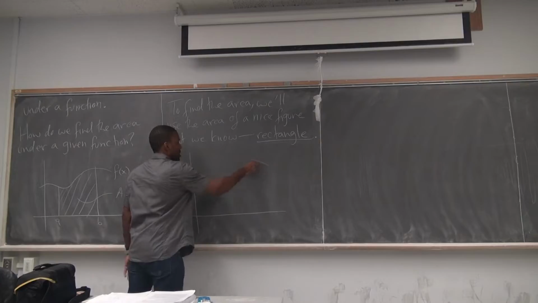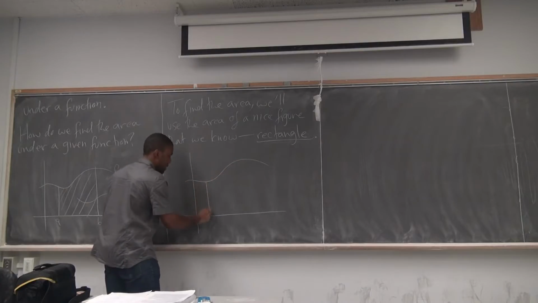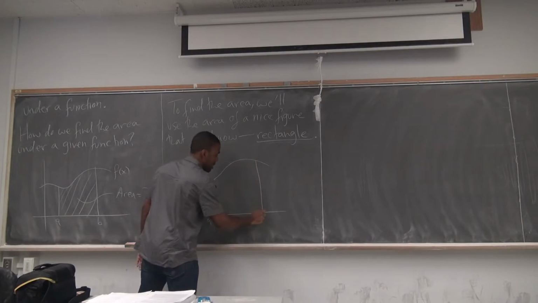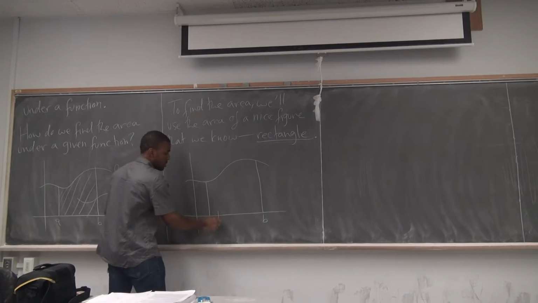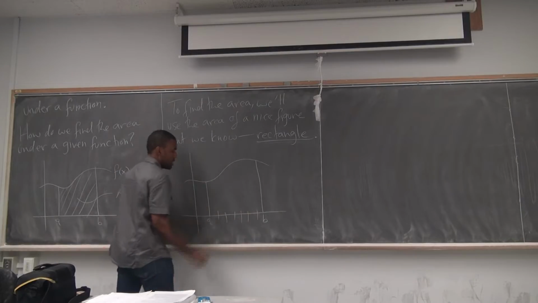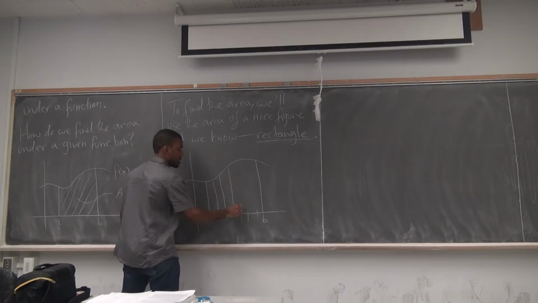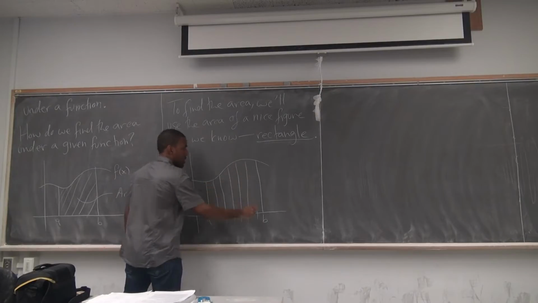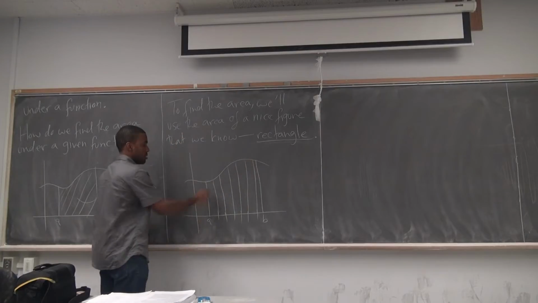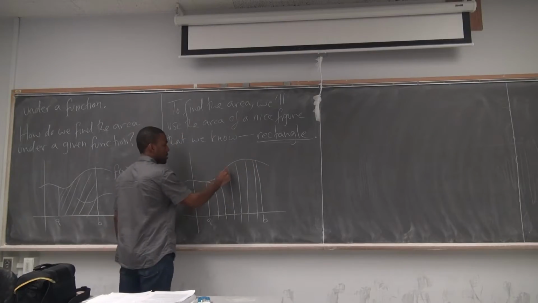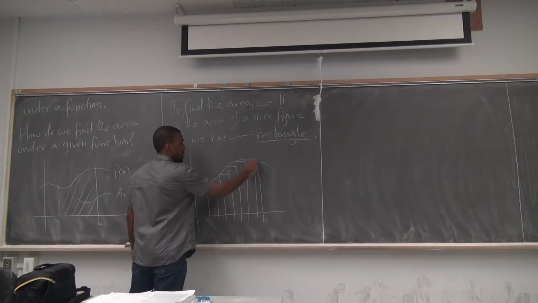So the idea is, given a random function, and I want to find the area between A and B, what I'm going to do is I'm going to dissect this guy. On each of these dissections, I'm going to make a rectangle. Right?